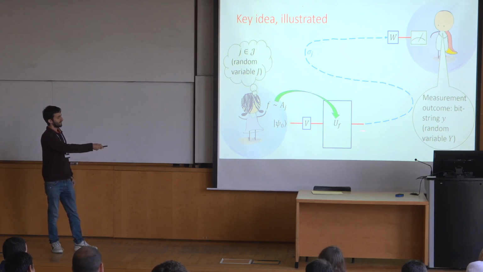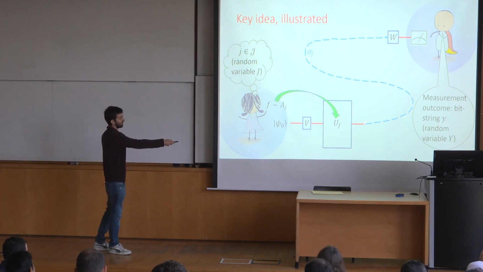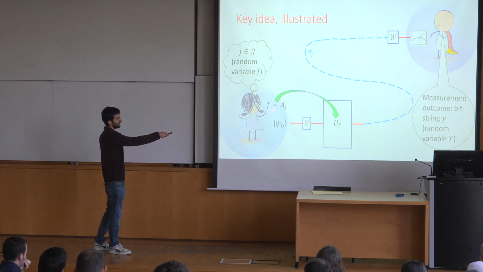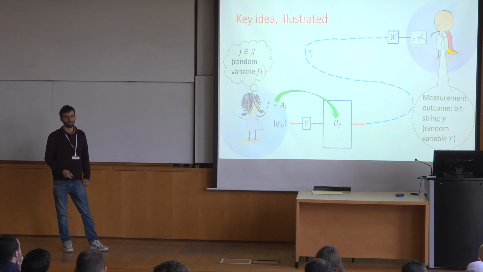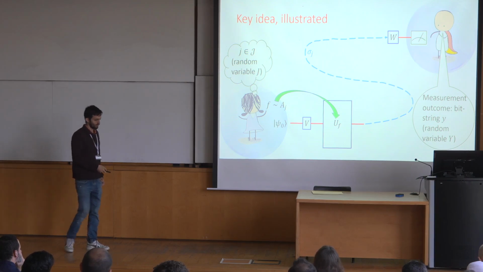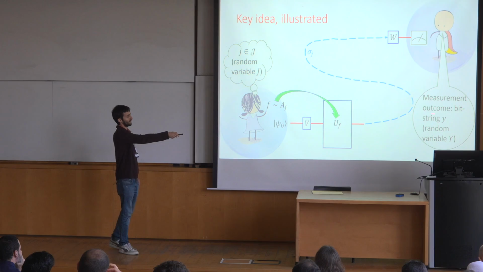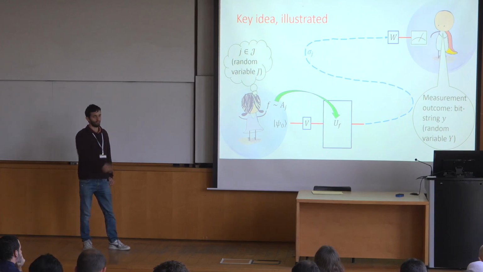So effectively what she has at this point is a mixed state sigma_j, which is essentially the computer's state here, but a mixture over all possible f's in A_j. So that's why it's a mixed state. Then she sends sigma_j to Bob. Bob performs W, measures in the computational basis, and gets some bit string Y, which is also a random variable.